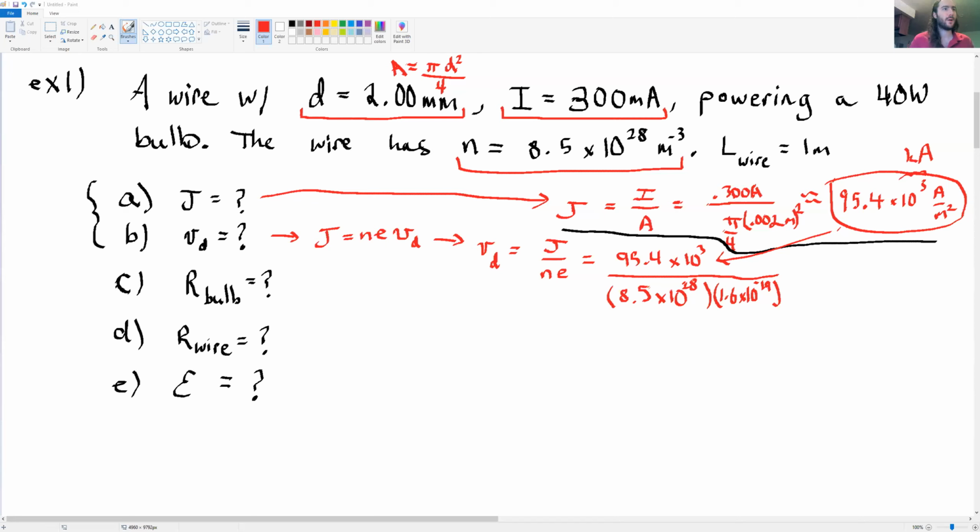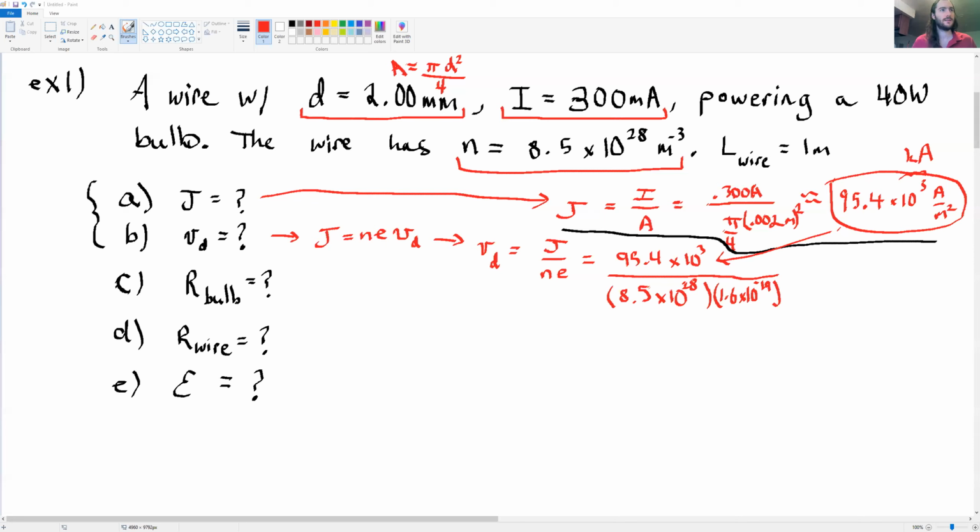One example I could just throw out off the top of my head is copper has of the order of 10 to the 28 per cubic meter, whereas silicon, around room temperature, has something like 10 to the 19 or 10 to the 20. So it's got a lot fewer free electrons. So different material, different value of n.